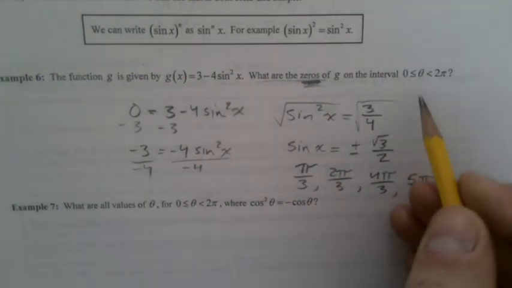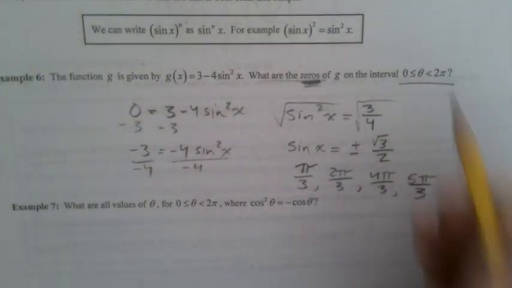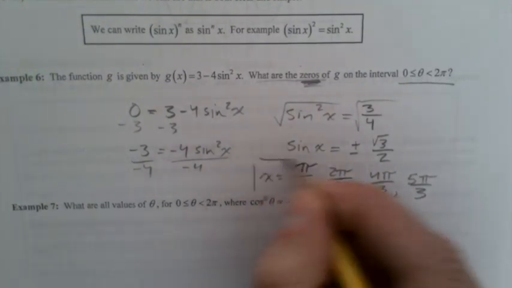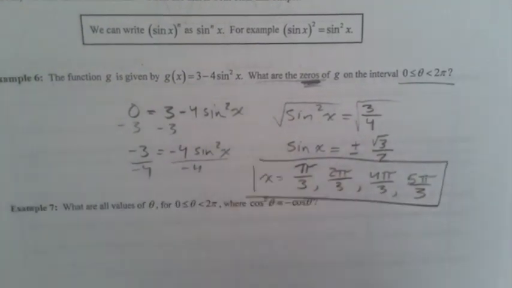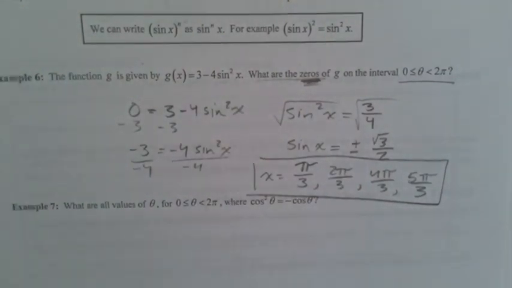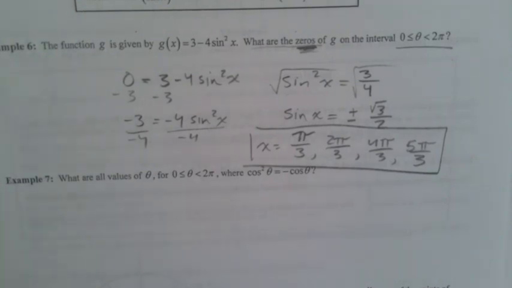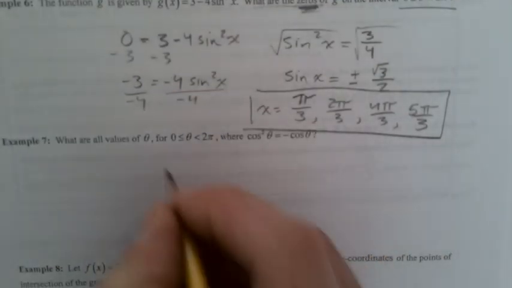And then it does restrict my interval right here, so I don't need to have any sort of repetition. I don't need to put any sort of general rule there. Go ahead now and take a look at example 7.